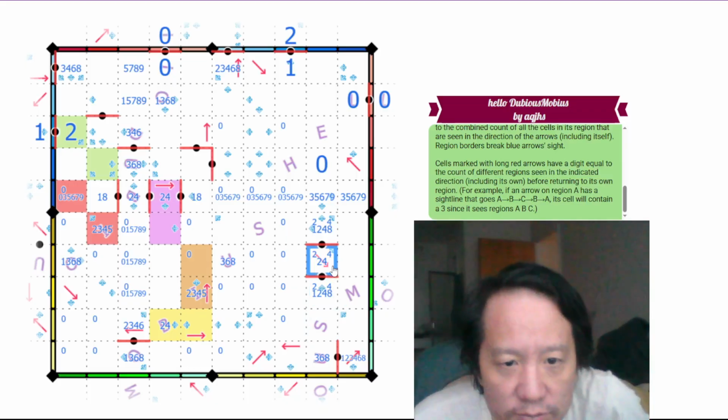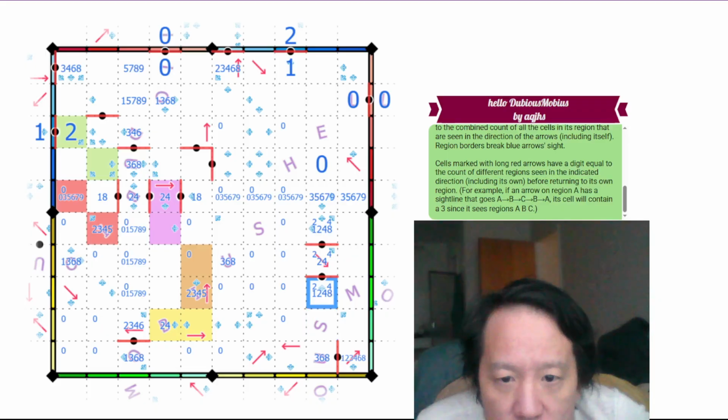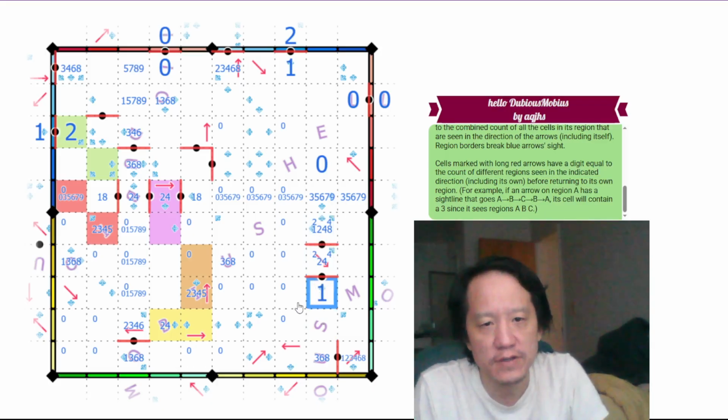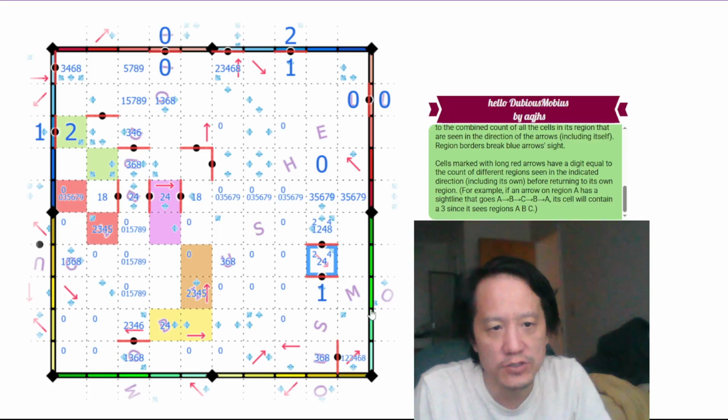Oh, this has to be 1, right? Because the arrow points here. So this is 1, which forces this to be 2, and this to be 4.